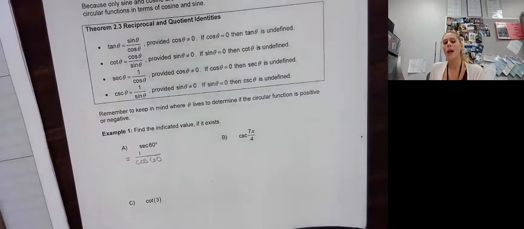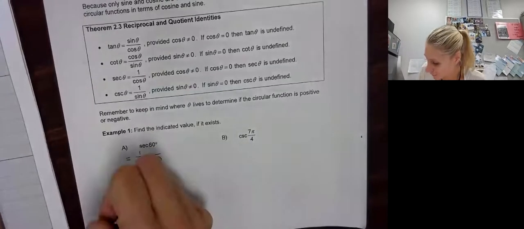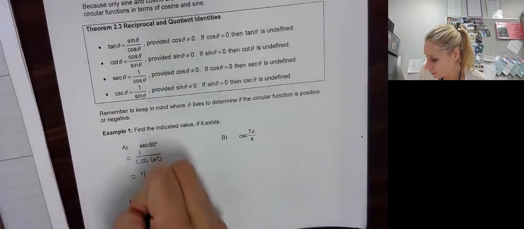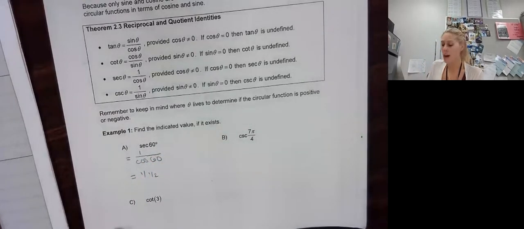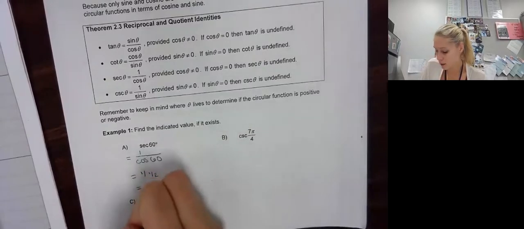We then know that at 60, our x value is 1/2. So I get 1 over 1/2, which, dividing by a fraction, is the same thing as multiplying by the reciprocal. So we get the value of 2.